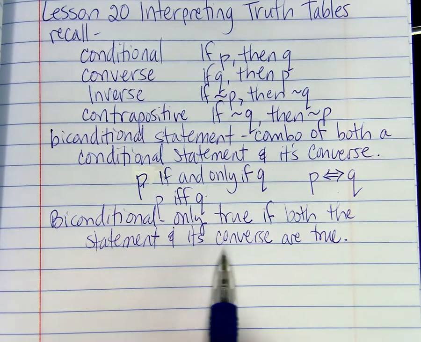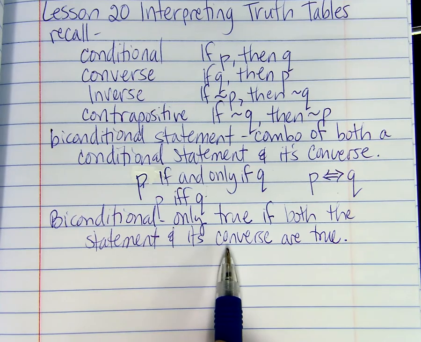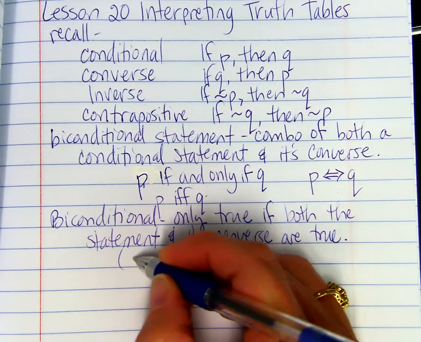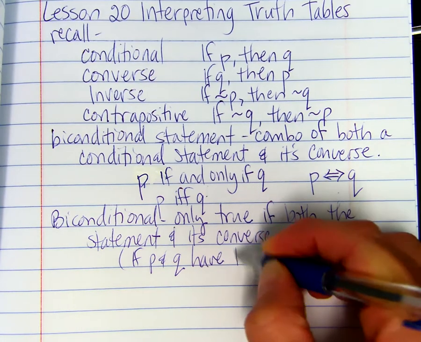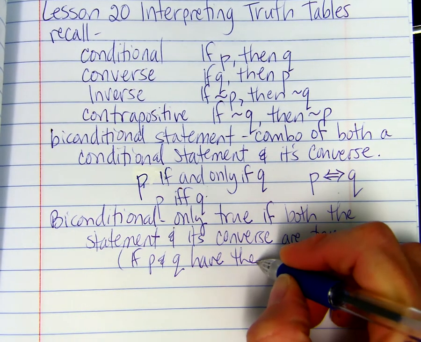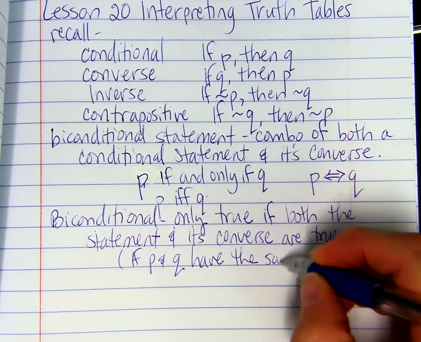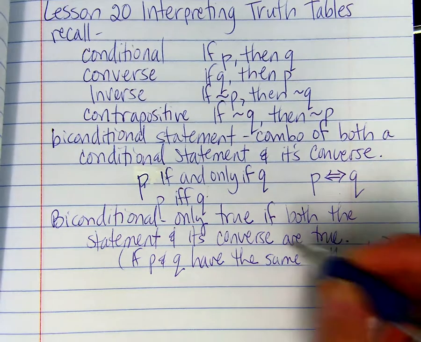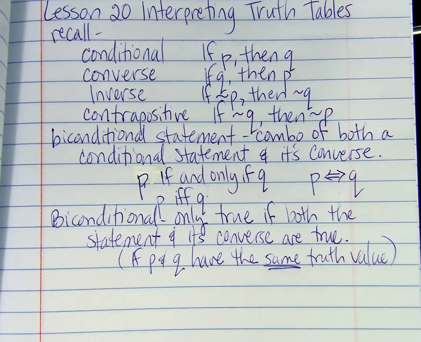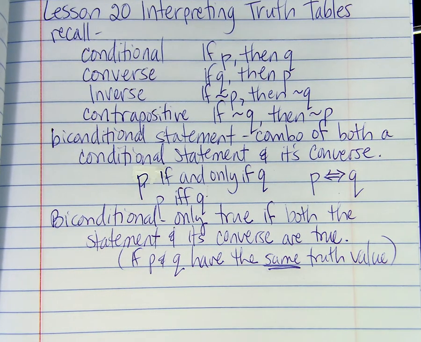So if P and Q have the same truth value, so I think that means that if they're both false, wait a minute, then it could be true.